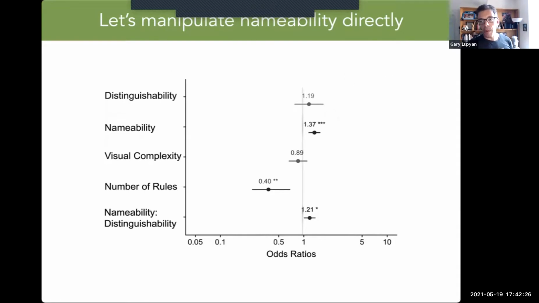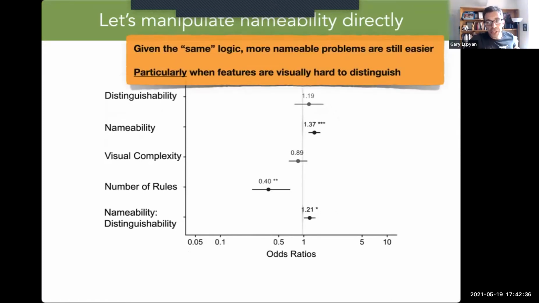More nameable, better performance. And there's a small but replicable and reliable interaction with visual distinguishability. When the visual features are harder to distinguish, nameability matters more. If these are very simple forms, it's less important how nameable they are. But if these are more complex forms, this squiggle versus that squiggle, or if they're harder to distinguish, then if they're easier to name, that helps.